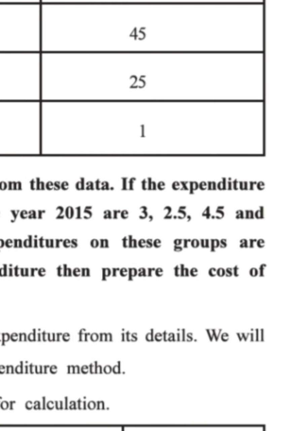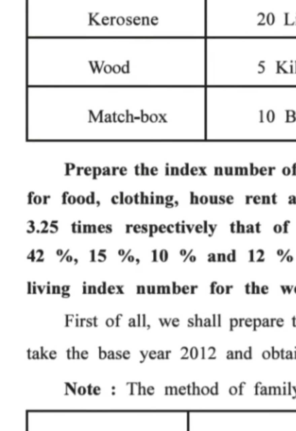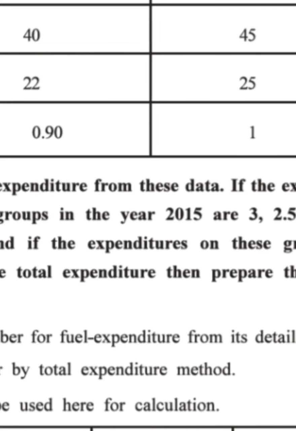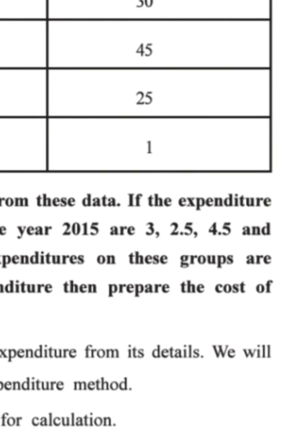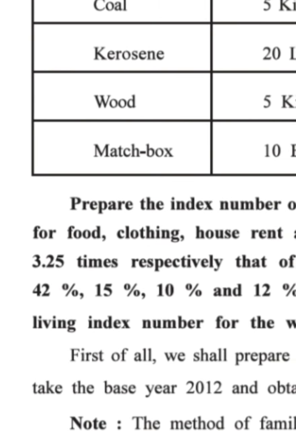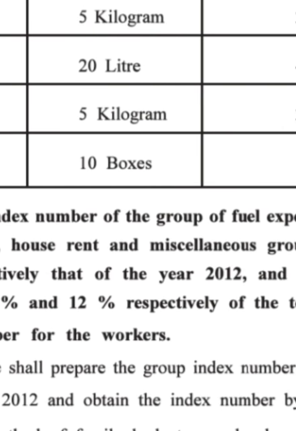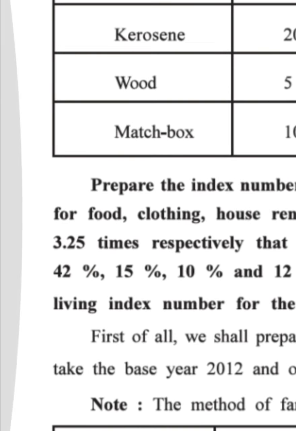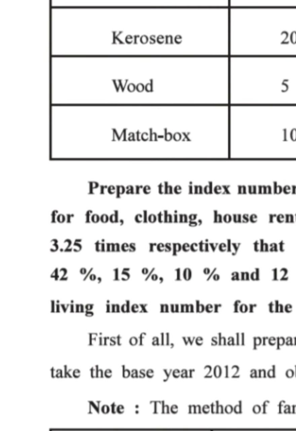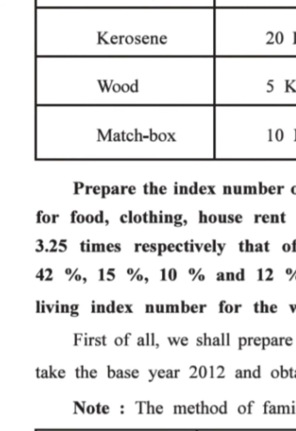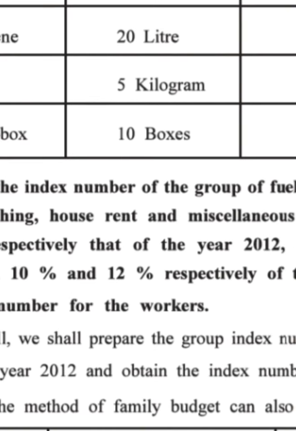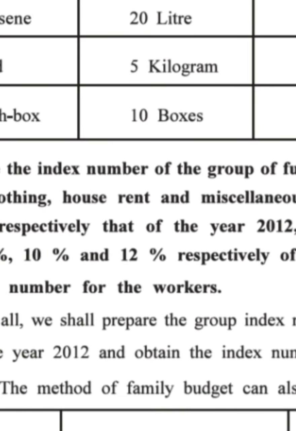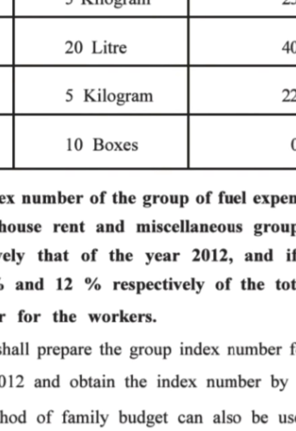Then follows the second part of the question: if the expenditure for food, clothing, house rent and miscellaneous groups in the year 2015, that is the current year, are 3, 2.5, 4.5 and 3.25 times respectively that of the year 2012, that is the base year, and if the expenditures on these groups are 42%, 15%, 10% and 12% respectively of the total expenditure, then prepare the cost of living index number for the workers. They are talking about the expenditures, so over here we are talking about the weights.